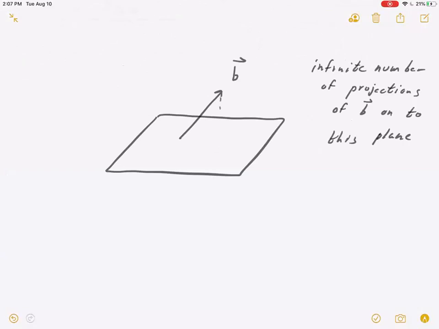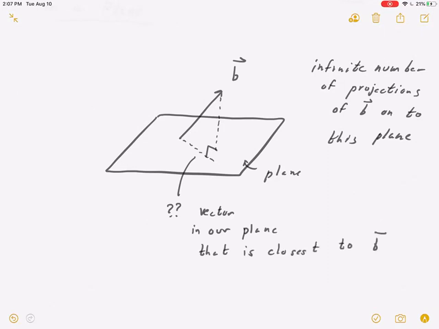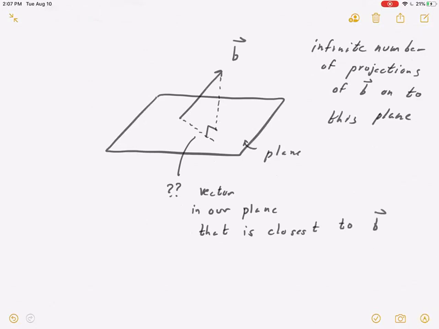So in fact, we want to find the projection, this thing in question mark. We want to find this vector in our plane that is in fact closest to B. So remember, our plane has in it a set of linearly independent vectors.